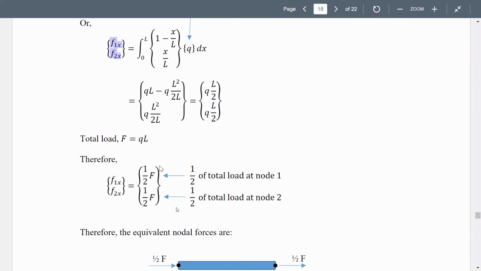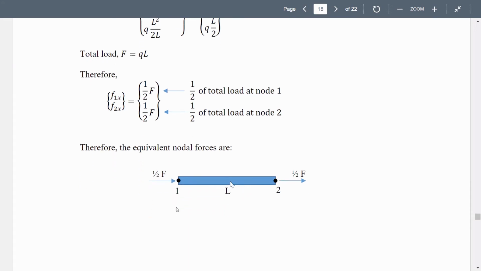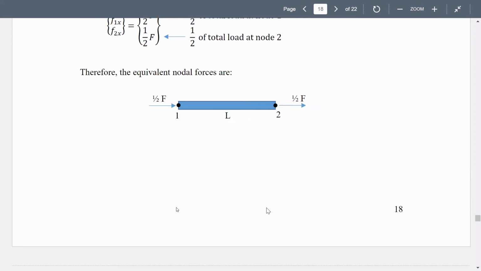So half of the total force applies to each node. So for a uniformly distributed load, half of the total force goes to node 1, half goes to node 2. All right. Any questions on this before looking at another example problem? Any questions on this?